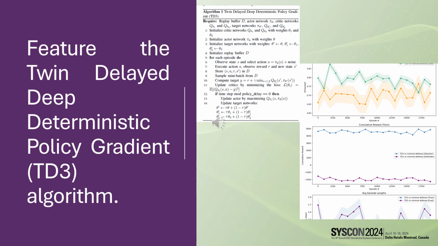In reinforcement learning, the cumulative reward is a critical indicator of how well the agent is learning. The average episode length might refer to the average number of steps taken per episode. In the context of cybersecurity, an episode could be a simulated intrusion attempt or defensive scenario.